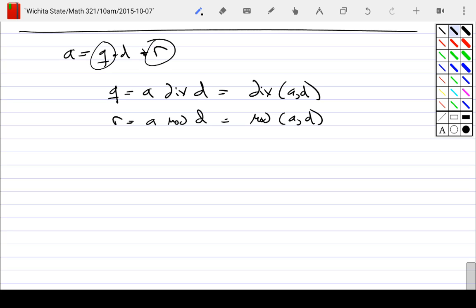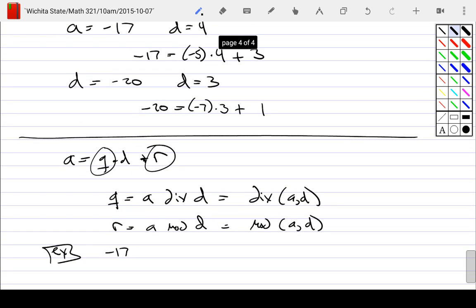So if I'm doing that particular feature, are these commutative? Again, A is like money and kids. Can you just flip those around? No, you can't. So when you code in programming languages, obviously order matters, so you better know what order they're doing. For our above example, what is negative 17 div 4?